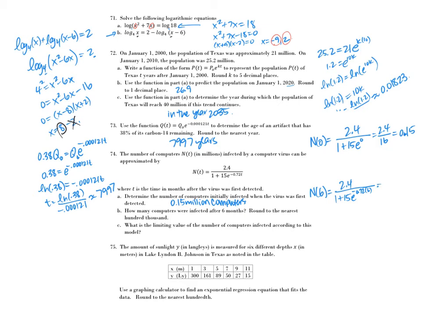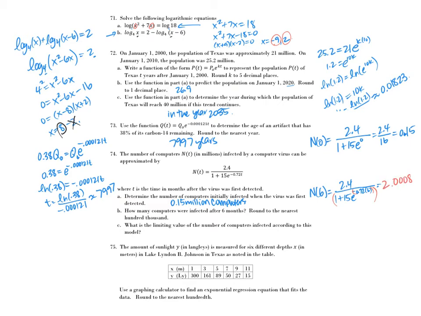Now you have to remember parentheses around the top and parentheses around the whole bottom. 1 plus 15e to the negative 0.72 times 6.